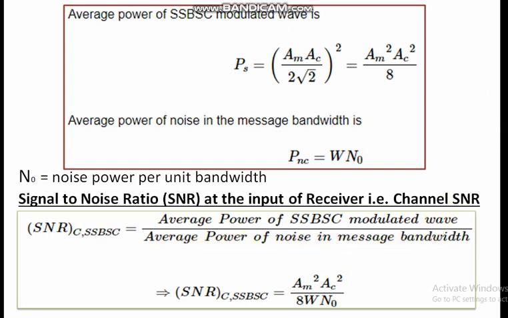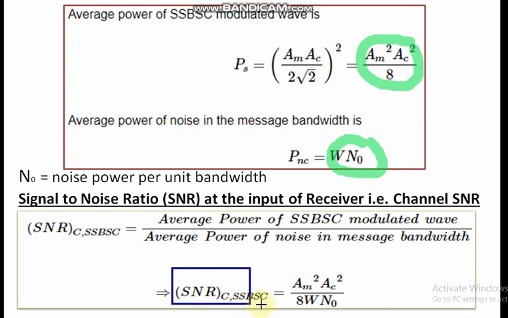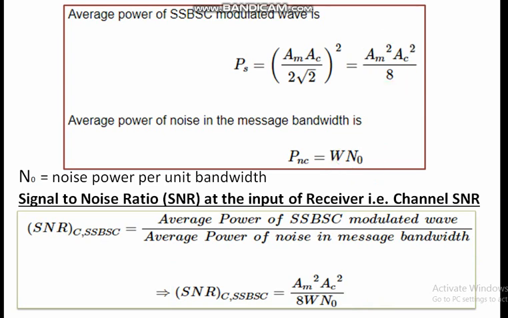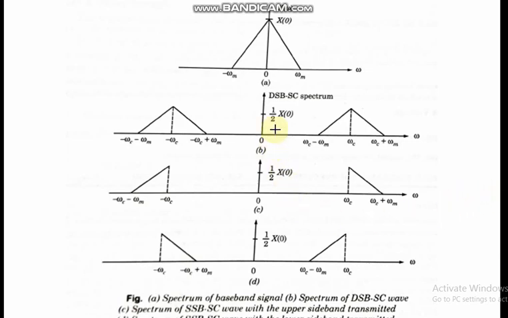So we put these complete values in this formula, and we receive that the channel to noise ratio at the input stage of the receiver is Am square Ac square by 8 W N0.